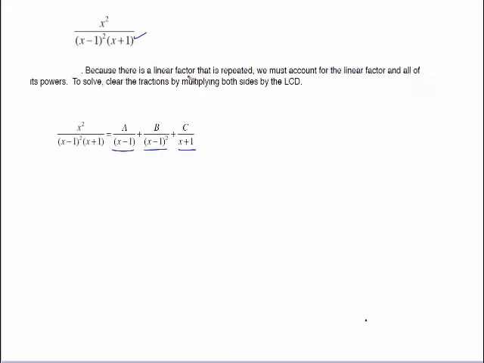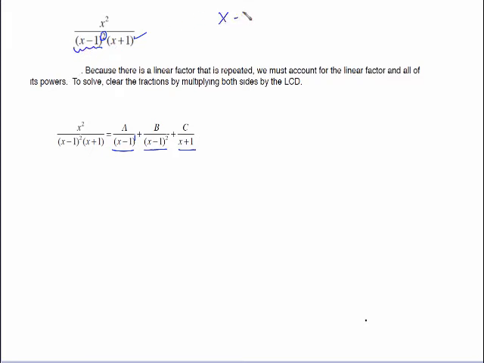So the rule says because this is a linear factor that is repeated, we must account for the linear factor and all of its powers. What it means by all of its powers is this. Because this says x minus 1 squared, we have to build up to the squared. X minus 1 to the first, x minus 1 squared. We stop at x minus 1 squared because the original denominator stopped at x minus 1 squared.